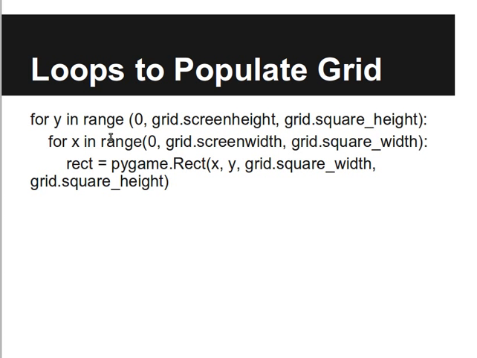So this will create 16 squares at the correct x and y coordinates for the grid. So there's a screen height. That's the height of the screen we set from the screen size, and the height of each square. Height of the square being you're dividing the number of squares by the screen height to calculate. Then you set the rectangle.